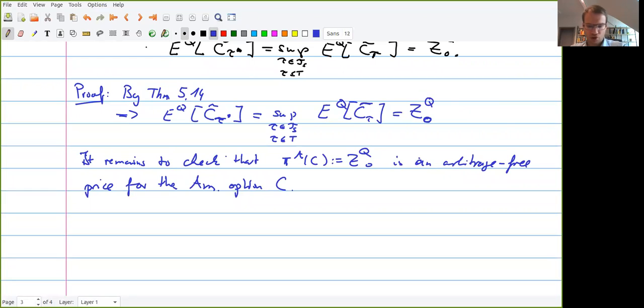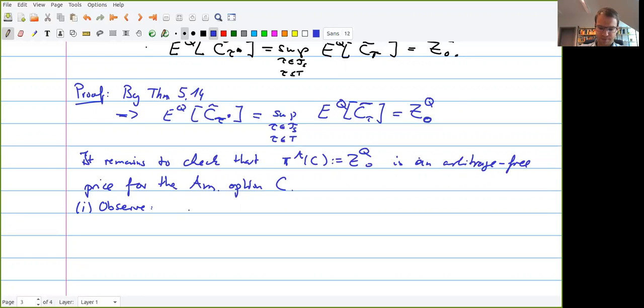Okay, so we need to check two things. First one is that the price is not too expensive for the buyer. So first thing, just to observe here.